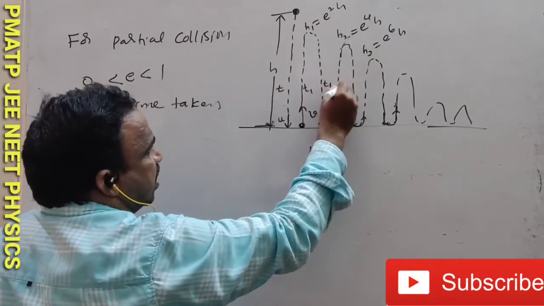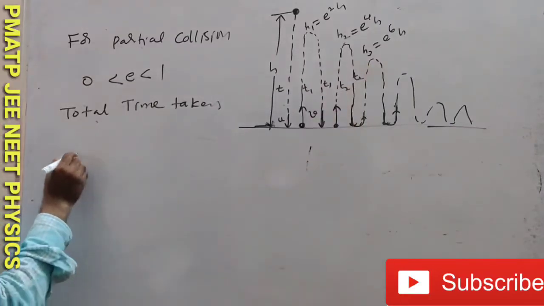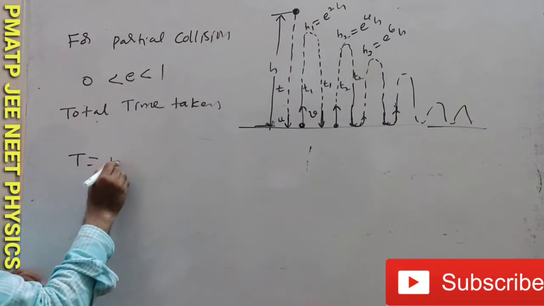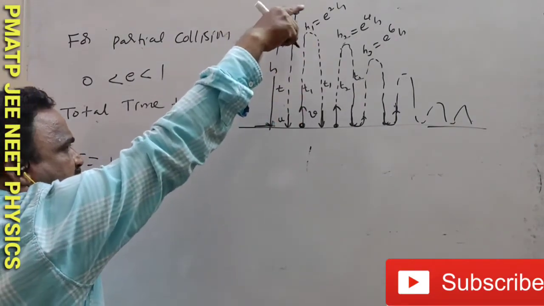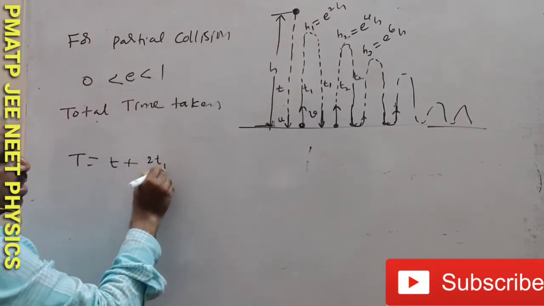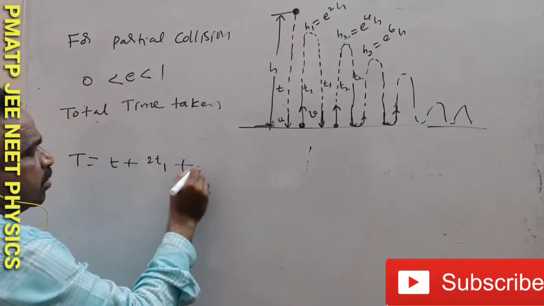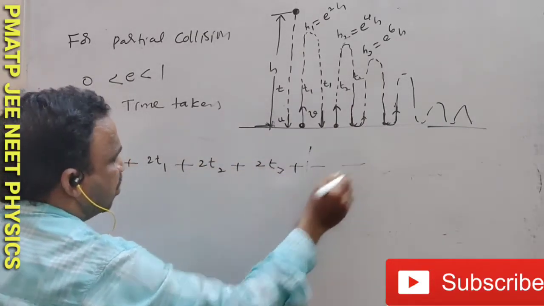After the second collision, it rises with time t2 and falls with time t2. So before the first striking, the total time taken is t. After the first collision, it bounces up with t1, comes down t1, 2t1. After the second collision, it goes up with t2 and comes down t2, 2t2. Similarly 2t3 after the third collision and so on.